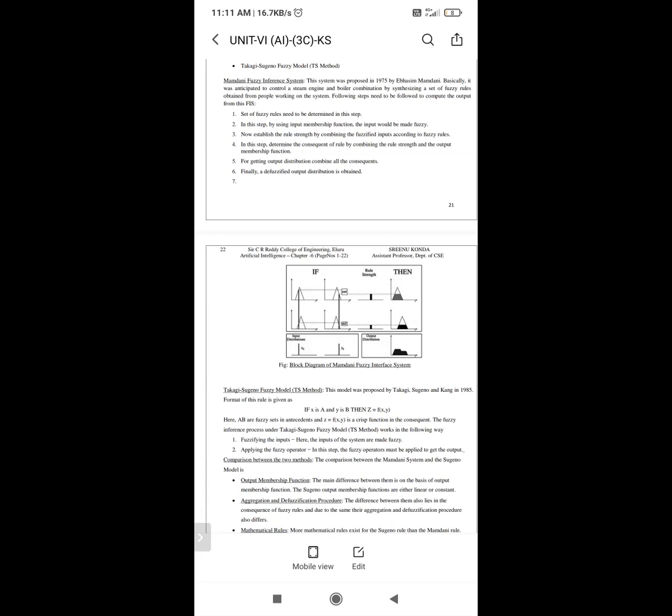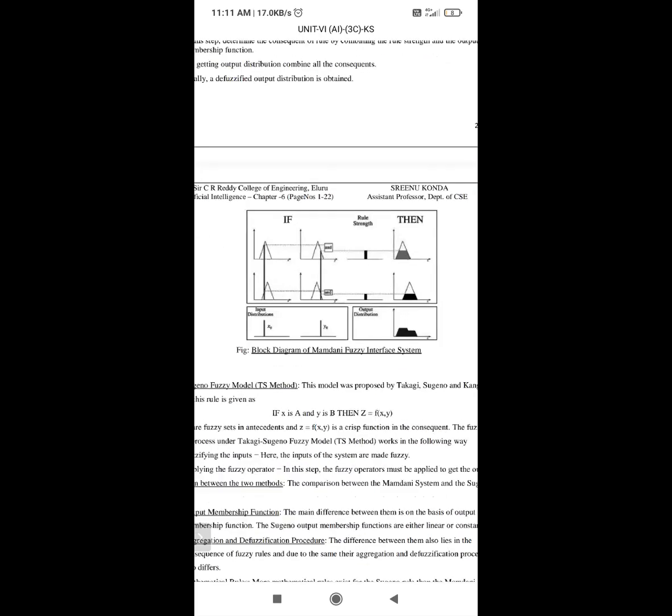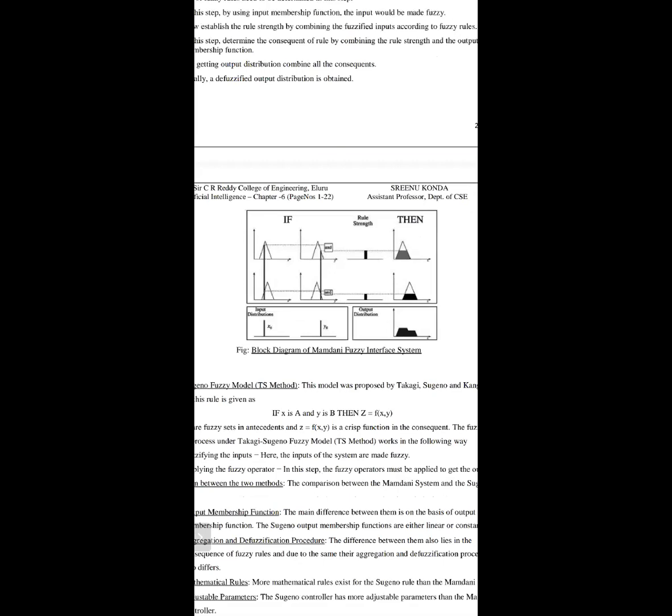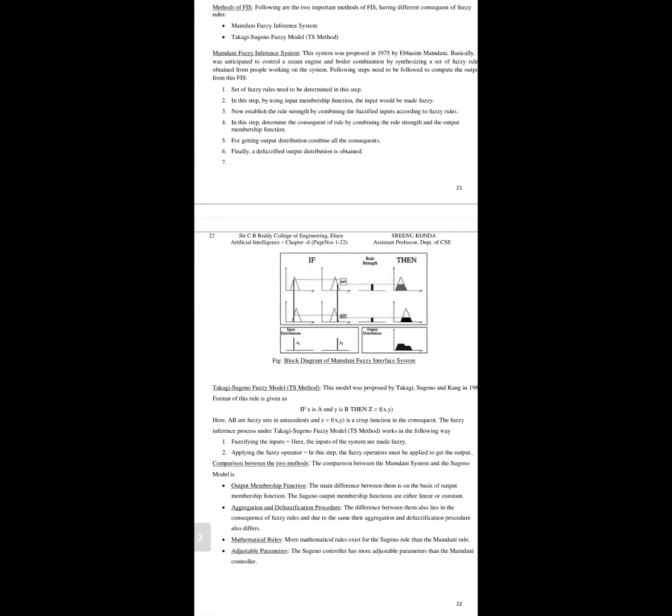And the format of this particular rule is given as: if x is A and y is B, then z equals f of x comma y. So this is the rule, right? If x is A and y is B, then z equals f of x comma y.